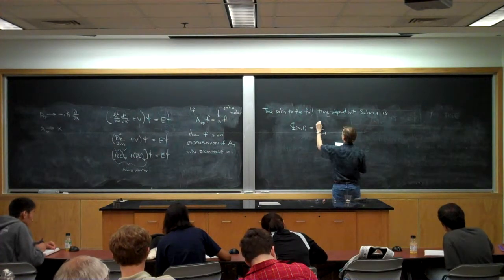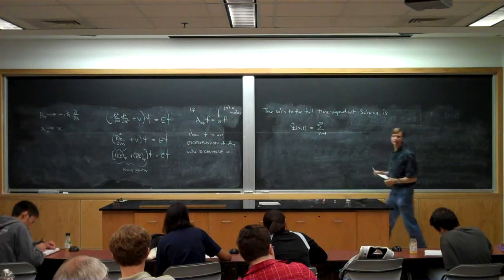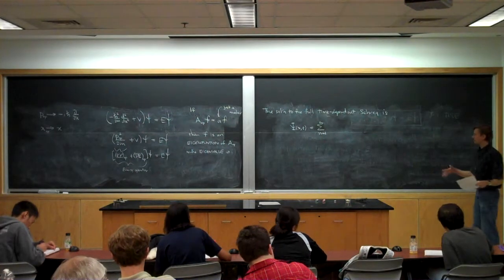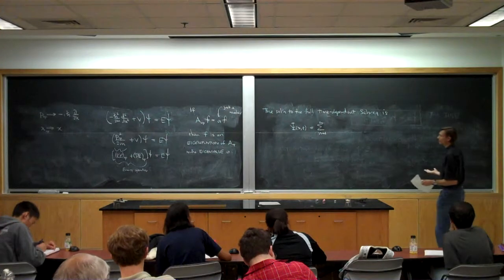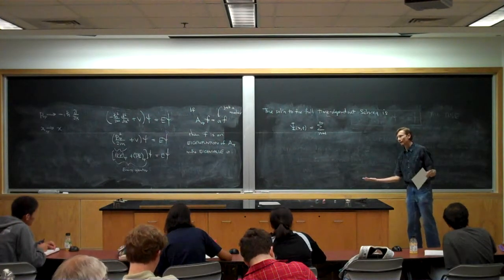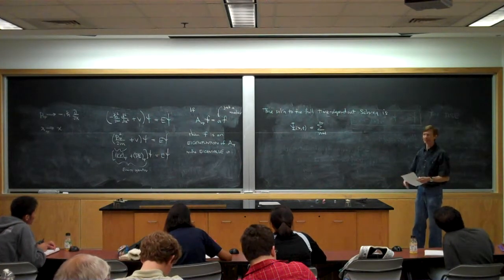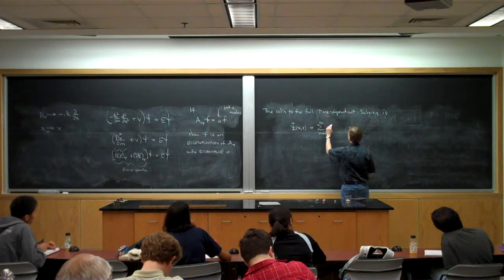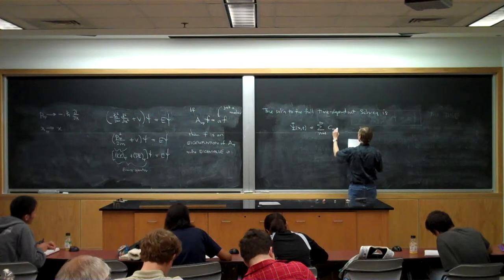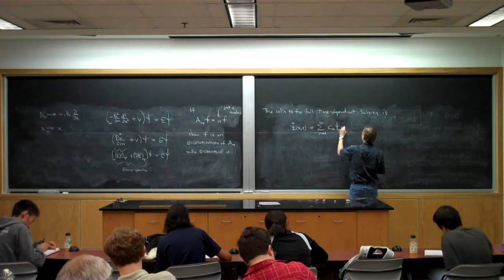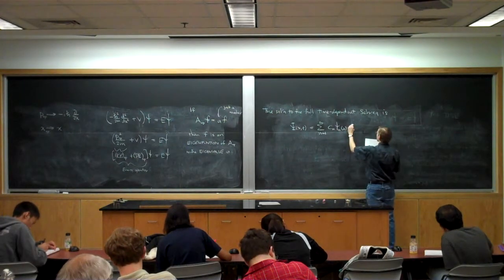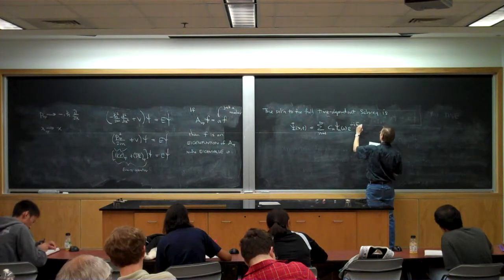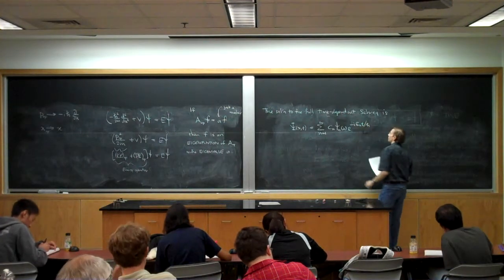We might arrange things so that n could be 1 to infinity, but in some problems it's more natural to have n also take on negative values or maybe only odd values. So I'm being kind of generic here. N equals 1 to infinity, or really just over all n, of Cn psi n of x e to the minus i E sub n t over h bar.